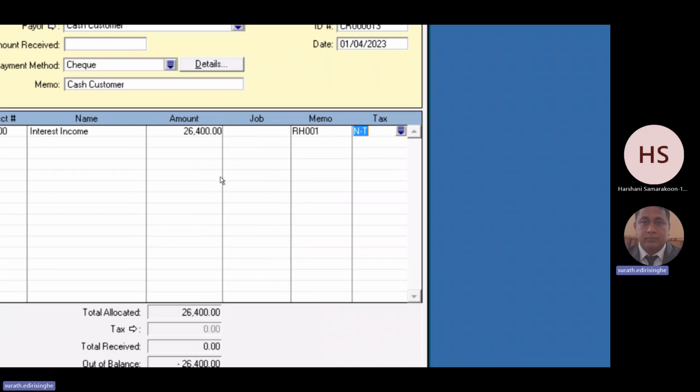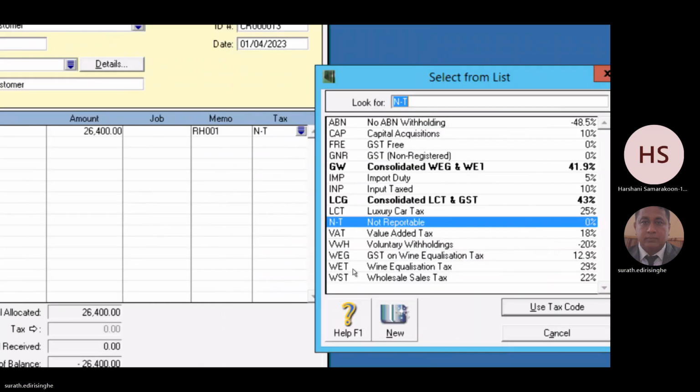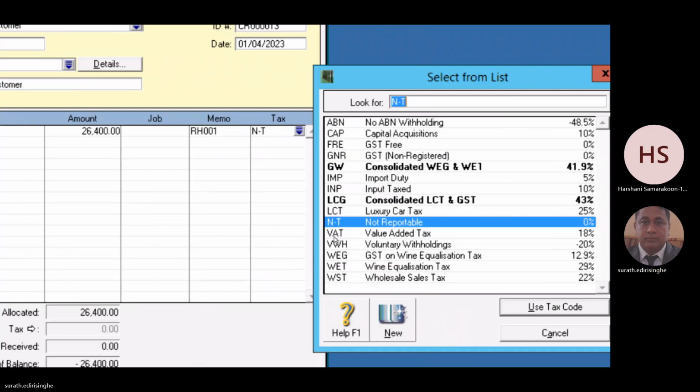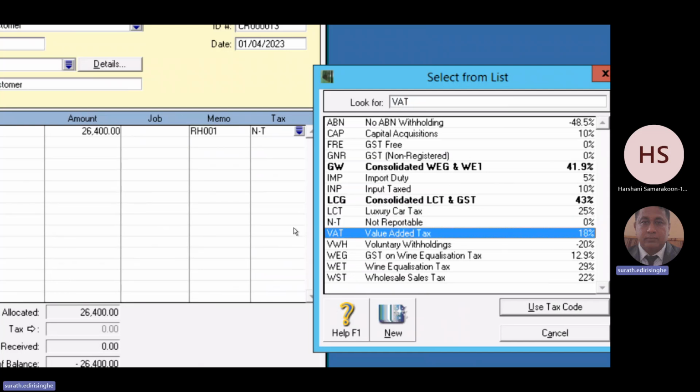Now I select by taking 18% VAT. If you are liable to pay on the income by withholding, take the rate as withholding tax. Like this, 20% luxury tax, change to withholding tax.